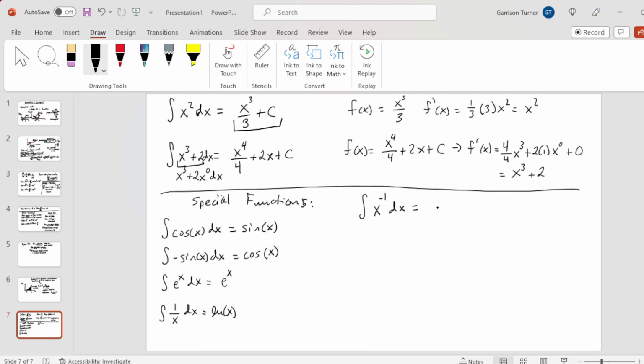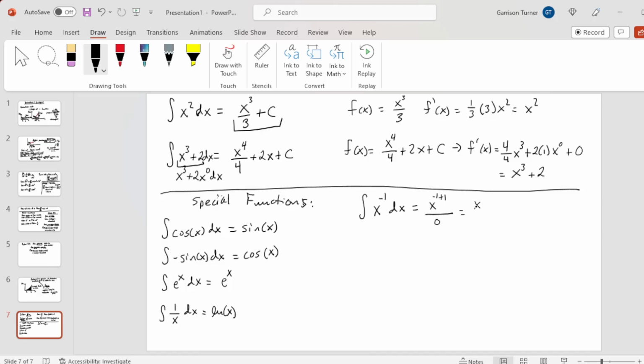If I used the power rule on this, I don't want to bring the power down, I want to add, so this would be x to the negative 1 plus 1 over my new power, which is 0.